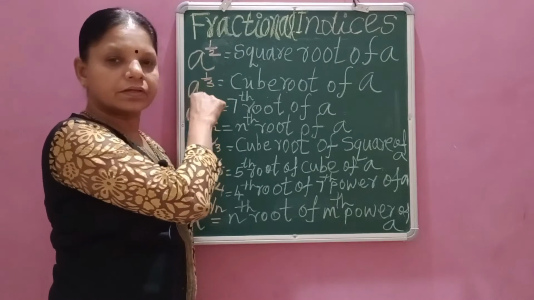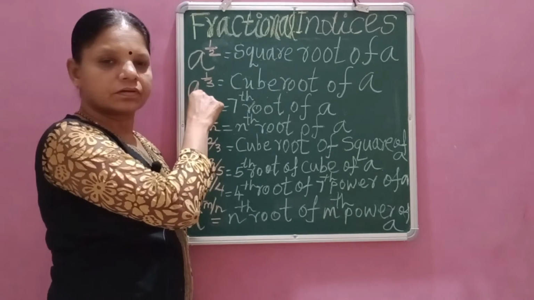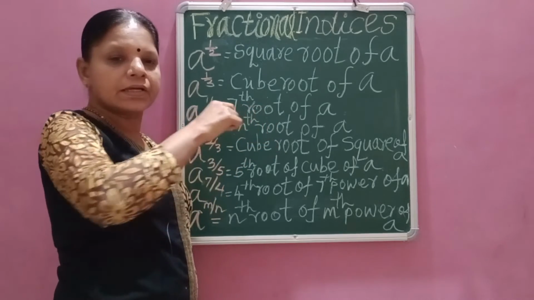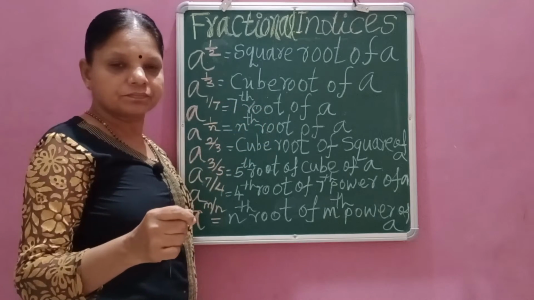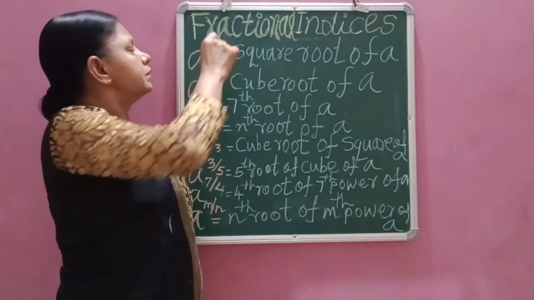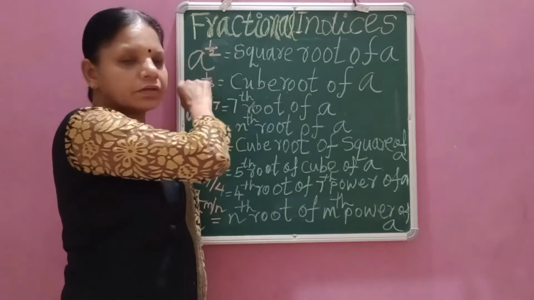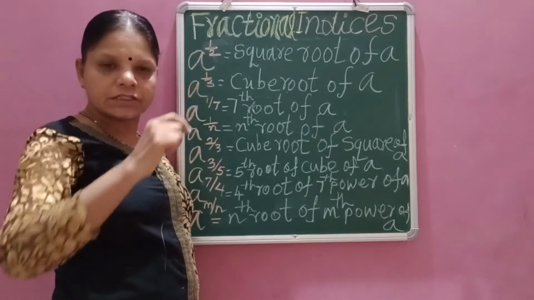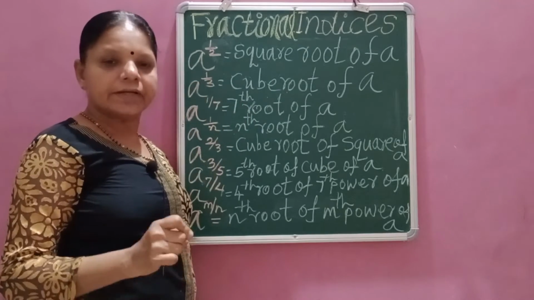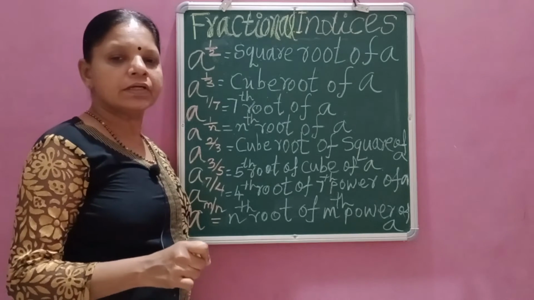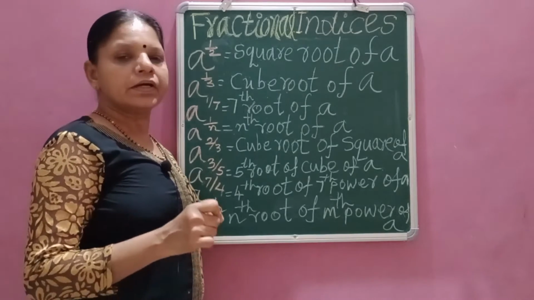You know that a power or index is the repeated multiplication of the base. Here the denominator of a fraction represents division, so definitely it will be repeated division.